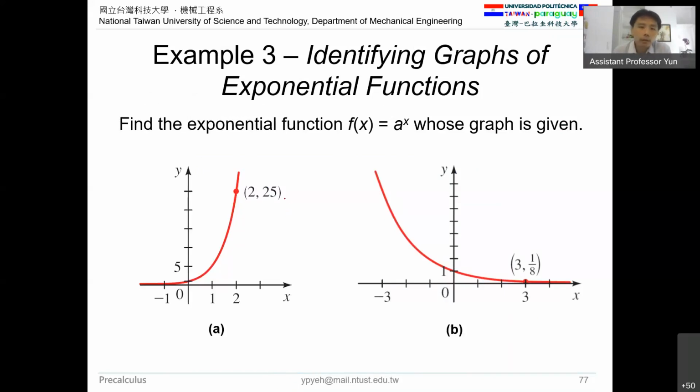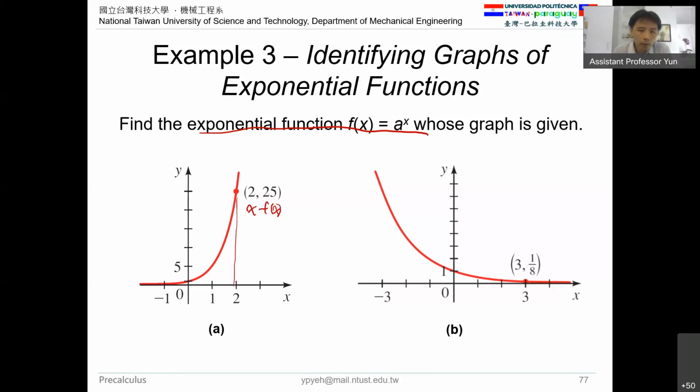Okay, so here is an example. If we have the graph of these functions, find the exponential function f of x equals a to the x, which passes through this point here. We know this is x, and this is f of x.